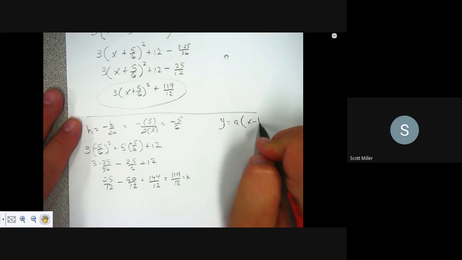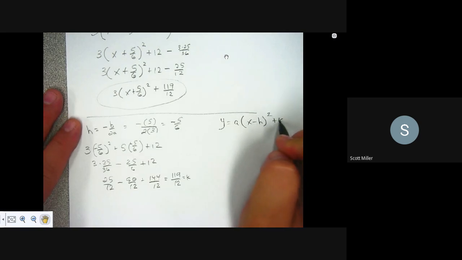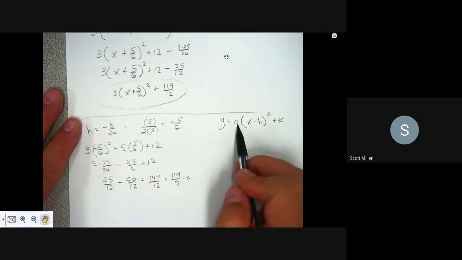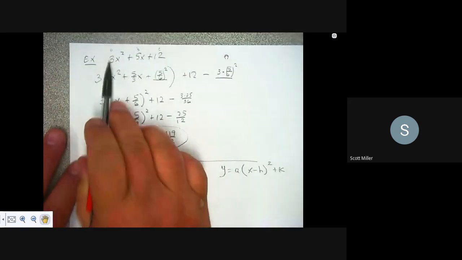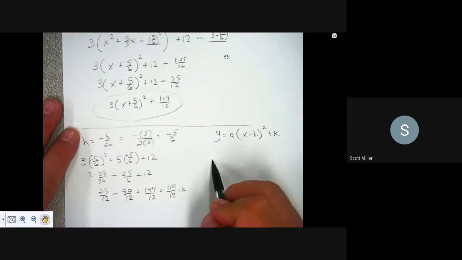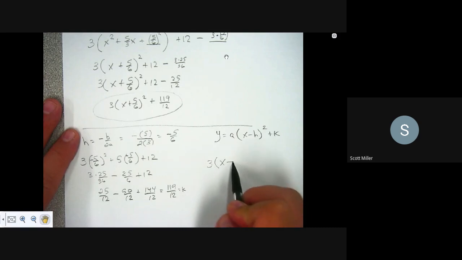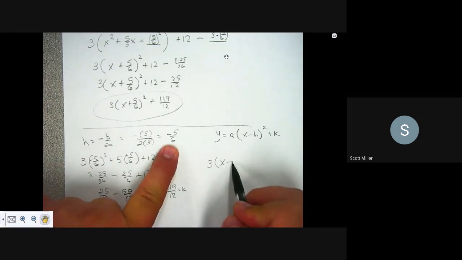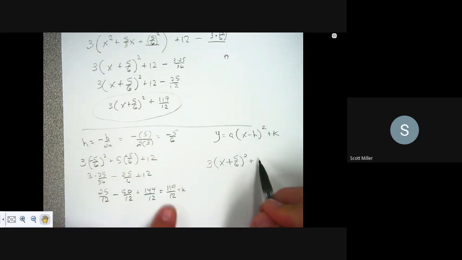So x minus h squared plus k. Plugging in here, a is 3. So my answer for that is going to be 3 times x minus h. h is negative, so x minus a negative 5/6 squared plus k, 119 over 12.